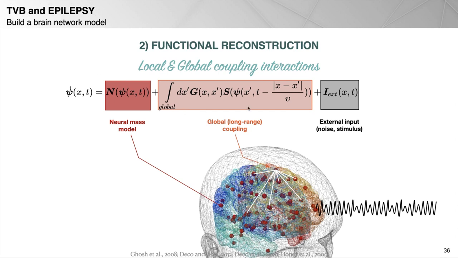So here is the neural model. Here you have the global connectivity, coming from the structural connectivity and undergoing time delays here. And the equation can also capture external inputs such as noise or stimulus.